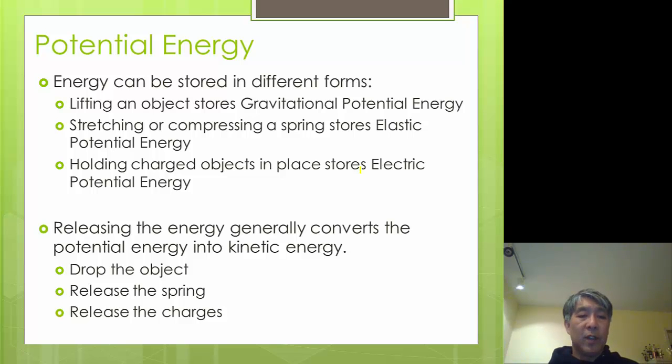As soon as I let go of it, that gravitational potential energy gets converted into kinetic energy. Same with a spring. If I stretch a spring and I release it, it quickly tries to return back to its original length. Or electric potential energy. All of this requires some external force preventing it from being transformed into kinetic energy.